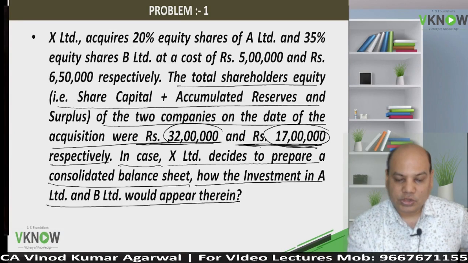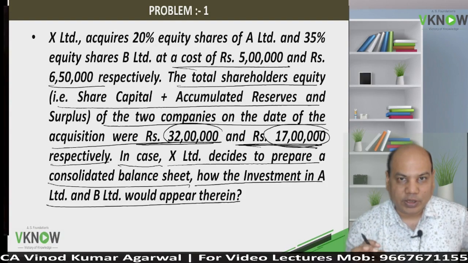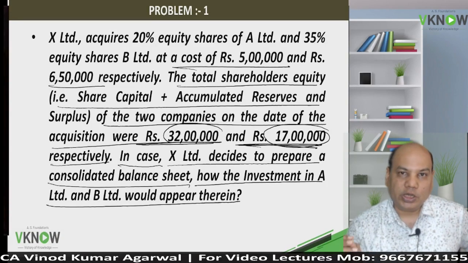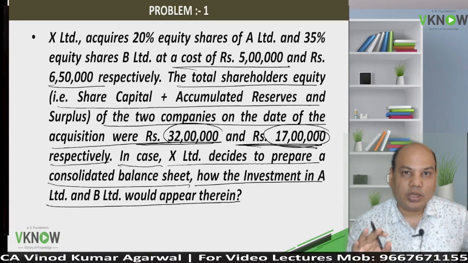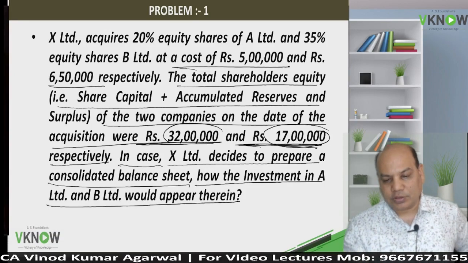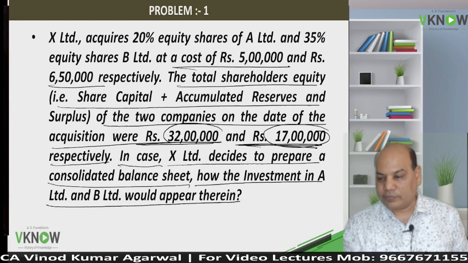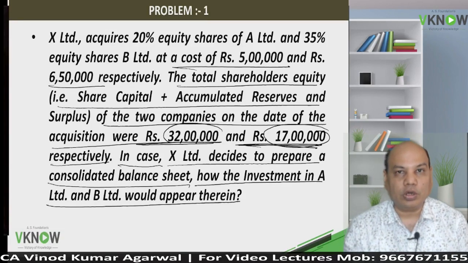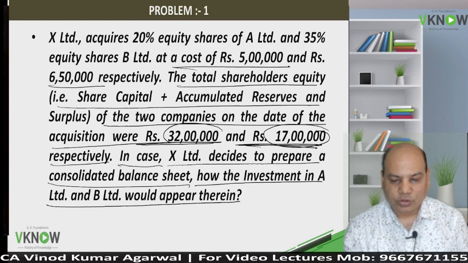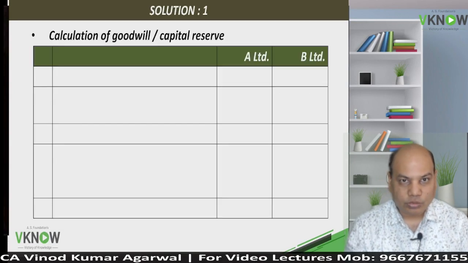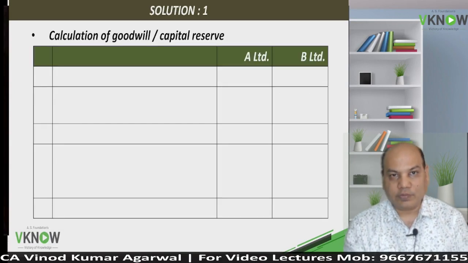It will be initially recorded at cost. Any goodwill or capital reserve will be included in the carrying amount, however it will be disclosed separately also. Okay. So first I will compute goodwill or capital reserve. Please follow me. How to compute goodwill or capital reserve?